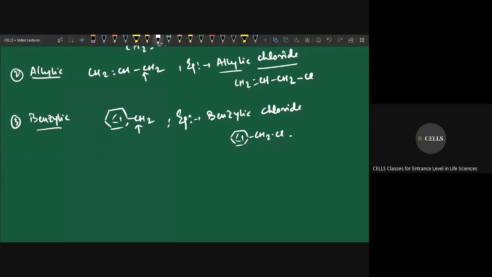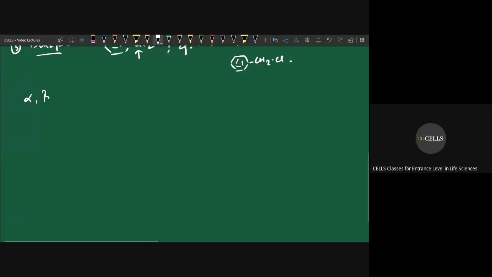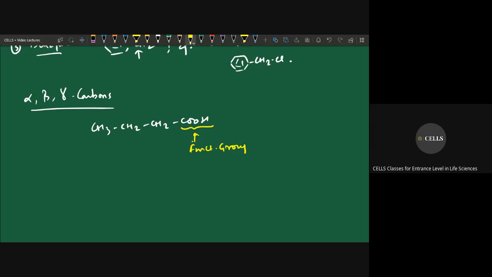Okay, right. Now carbons can also be alpha, beta, gamma. We know the alpha, beta, gamma nomenclature. Any carbon which is just beside the functional group is known as the alpha carbon. The carbon after that will be beta, and after that gamma. For example, suppose we have CH3, CH2, CH2, COOH. Here, COOH is the functional group.